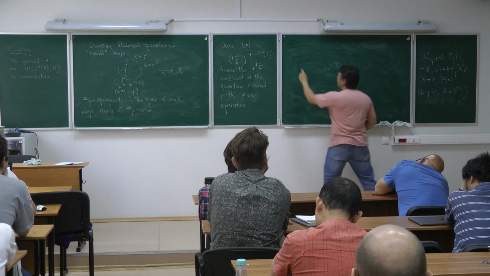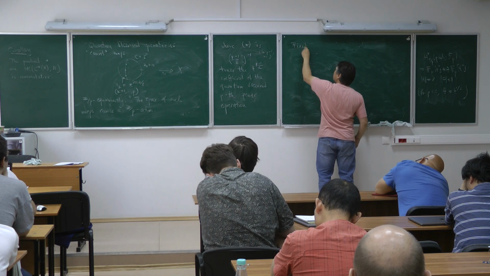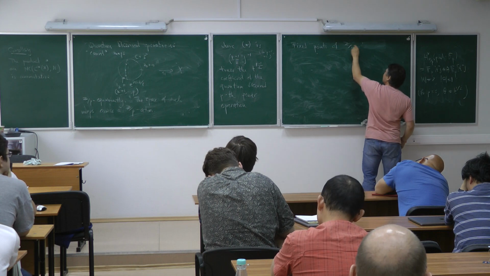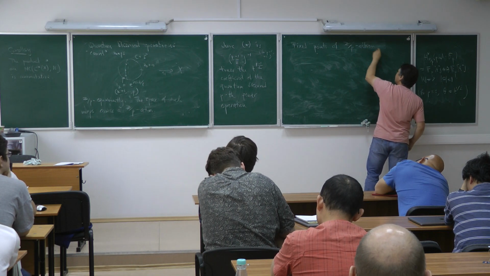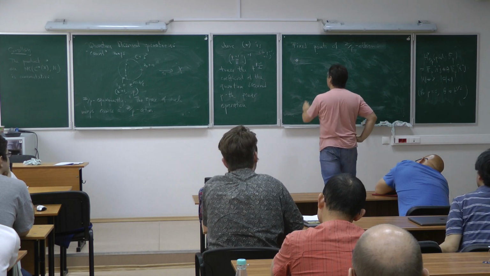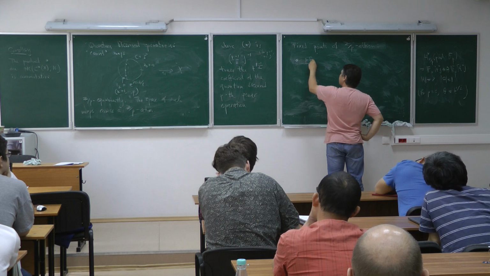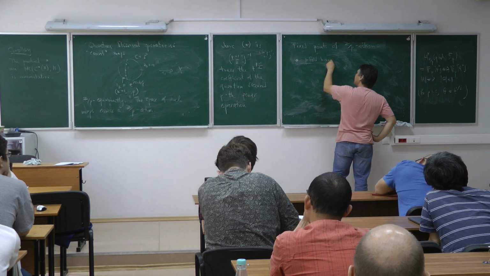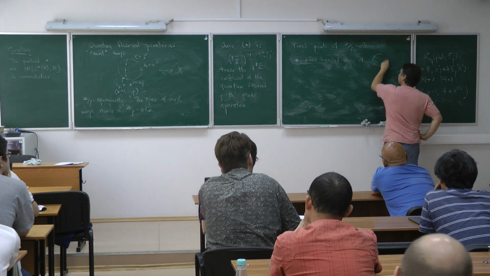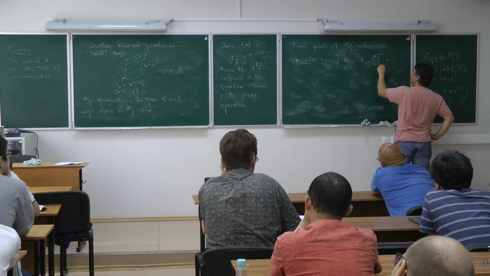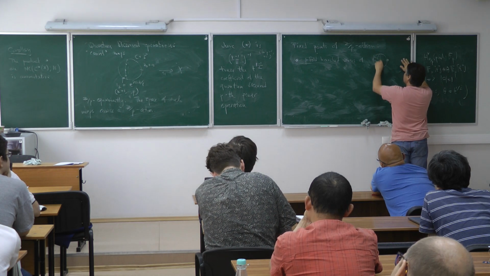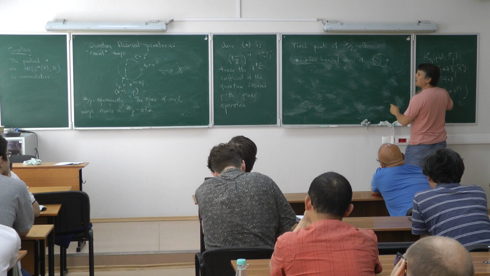So the fixed points of the Z/p action, they're the ones which are actually the most interesting ones. So they're p-fold branched covers of these maps here, okay?